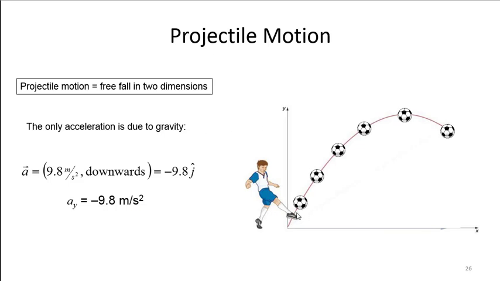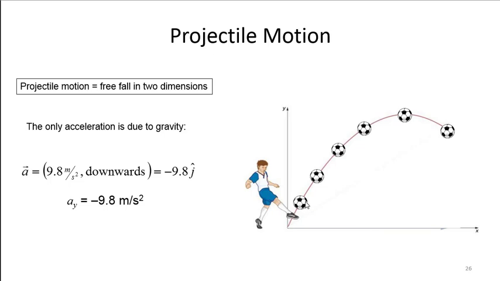All of that is still true even if the object is also moving in the x direction. So here's an object. The moment that it leaves the soccer player's foot, the ball is in free fall. It's accelerating straight down at this rate. But it also has a horizontal velocity.